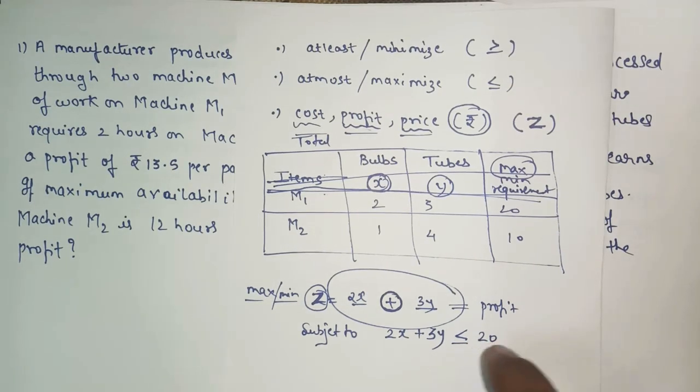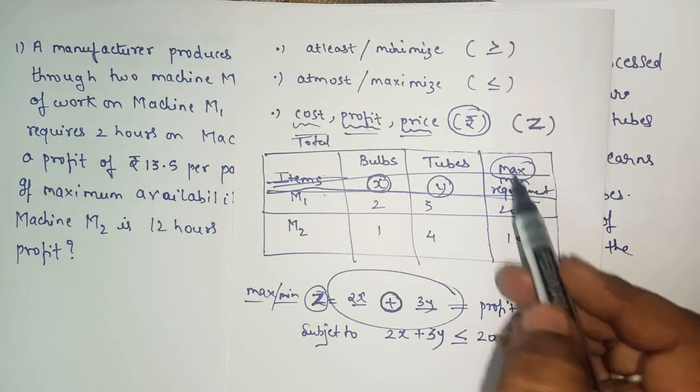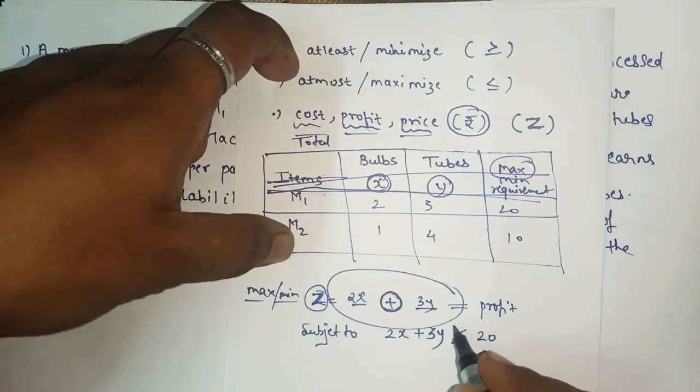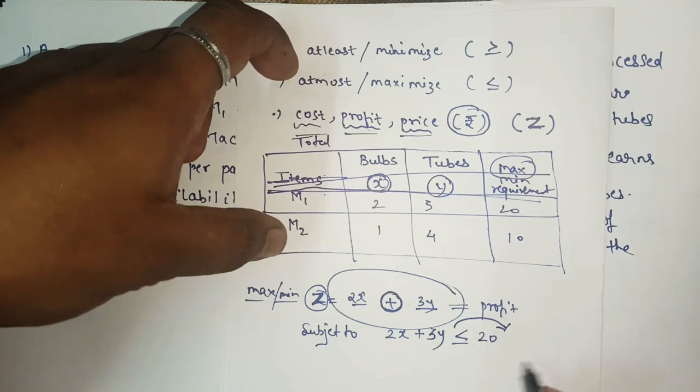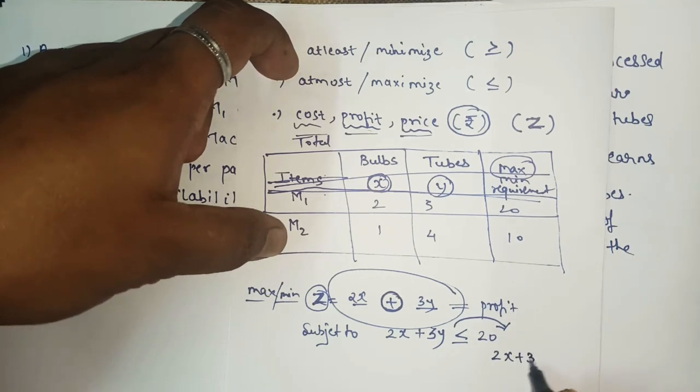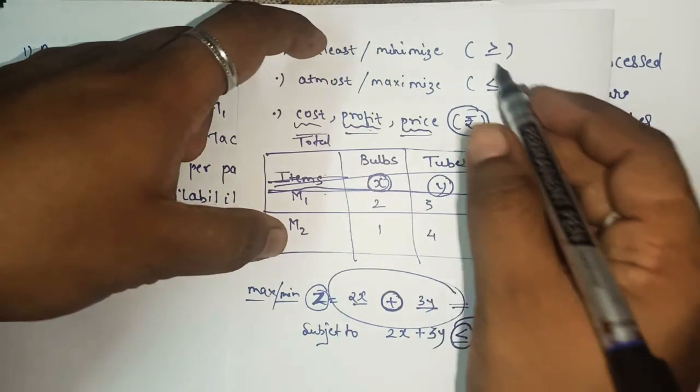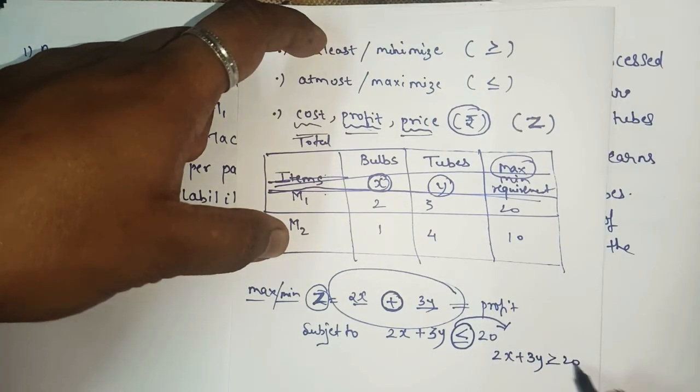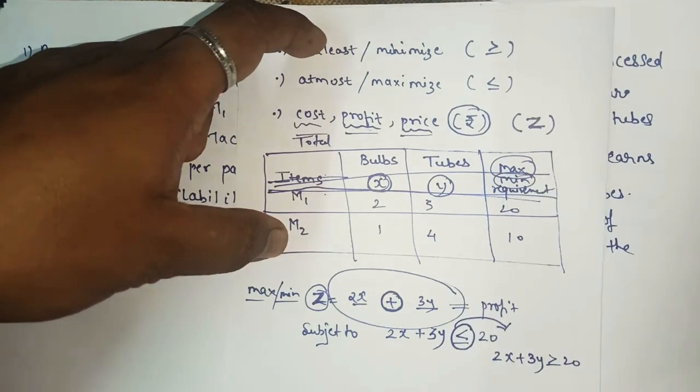This less than equal to 20 indicates maximum. Suppose this maximum is replaced by minimum, so this inequation will get changed. It will be 2x plus 3y. Simply you have to replace this symbol, and this less than equal to will be replaced by greater than equal to, because of minimum.